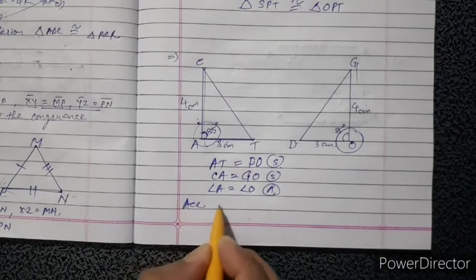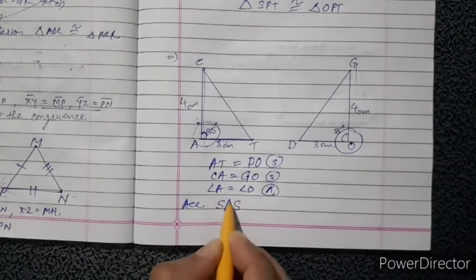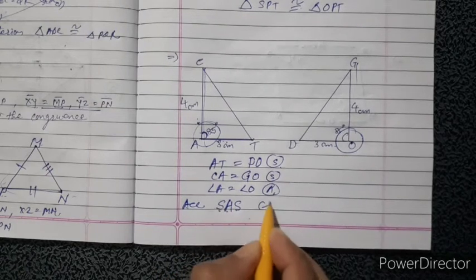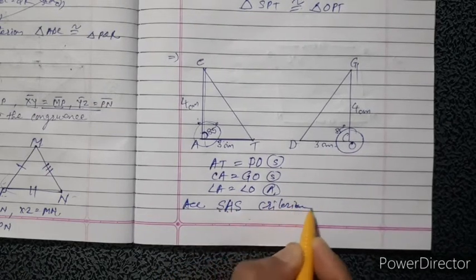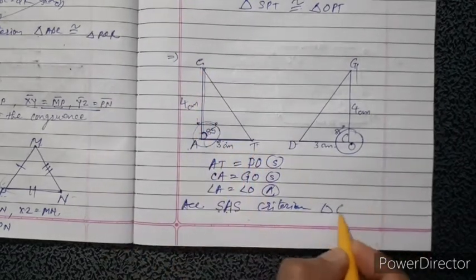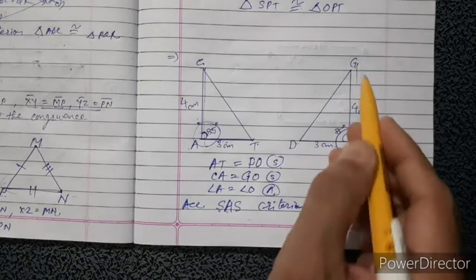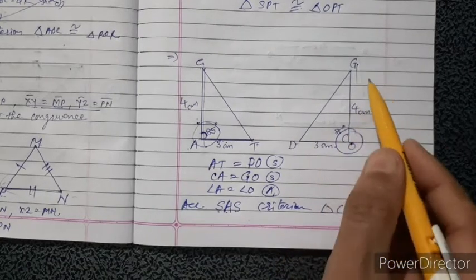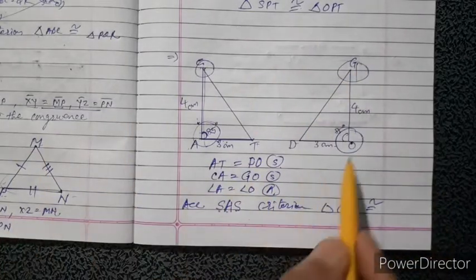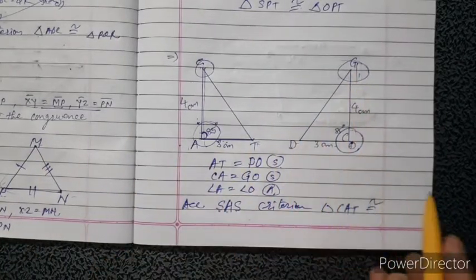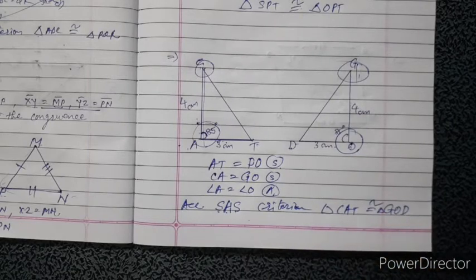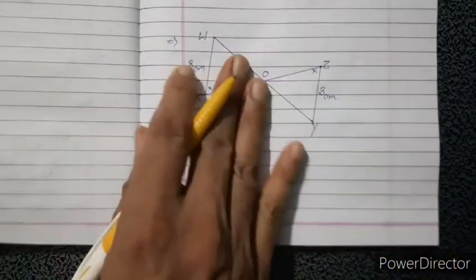So according to two sides and the middle angle, according to SAS criterion, triangle CAT is congruent with, from here, C with G, A with O, so triangle GOD. They are congruent.